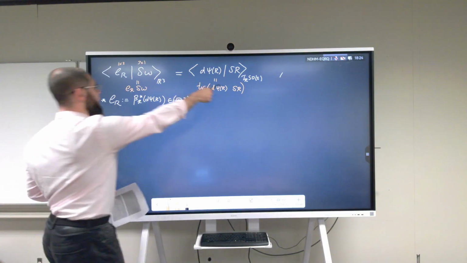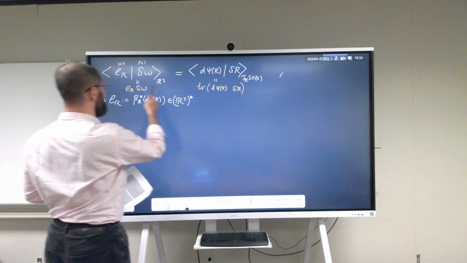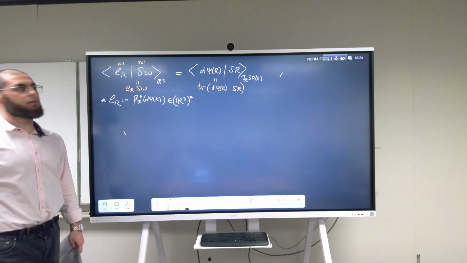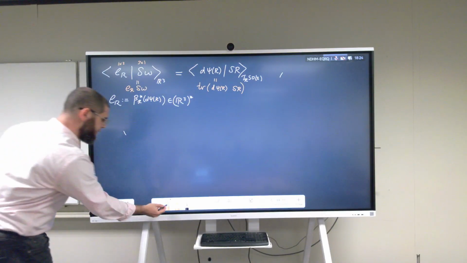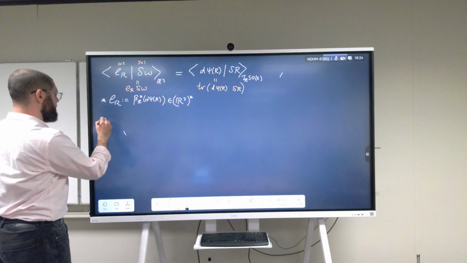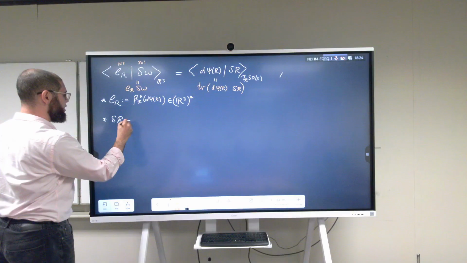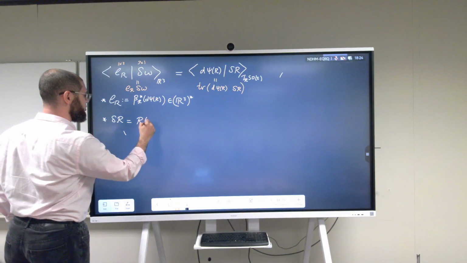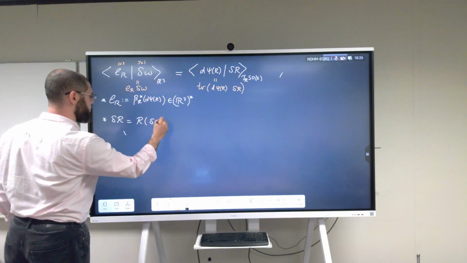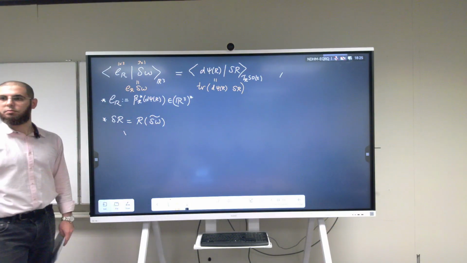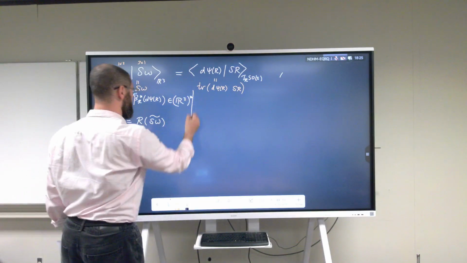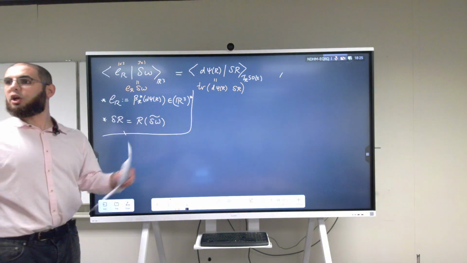But the delta R and the delta omega, they are related together, right? So we said earlier that delta R is related to delta omega by this equation. So now let's take all of this information that we have and try to juggle things around.